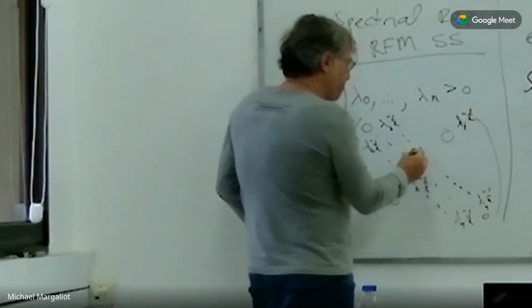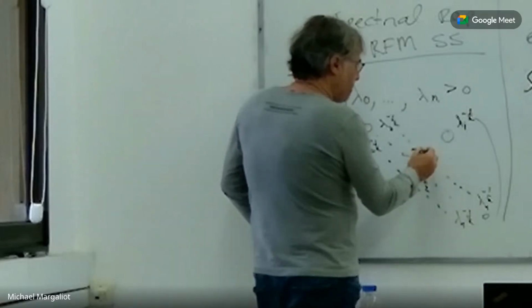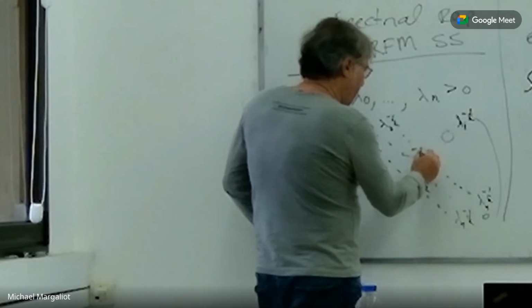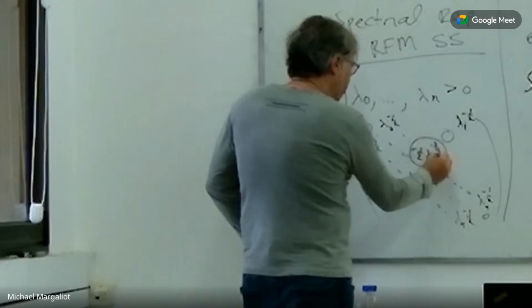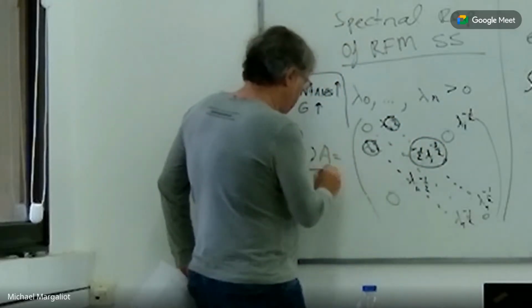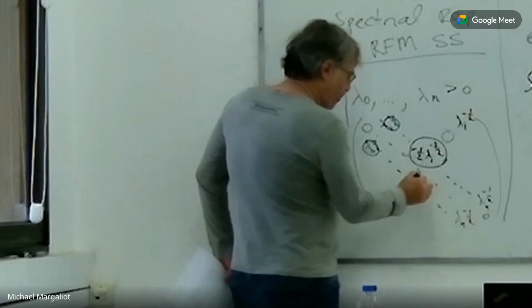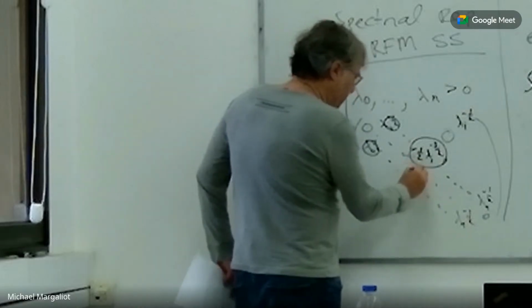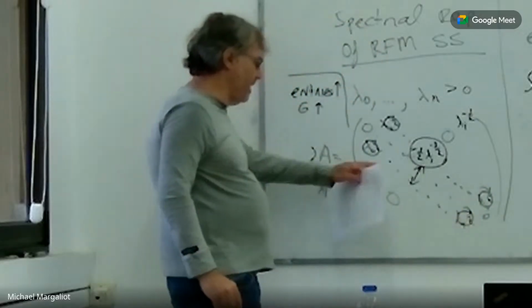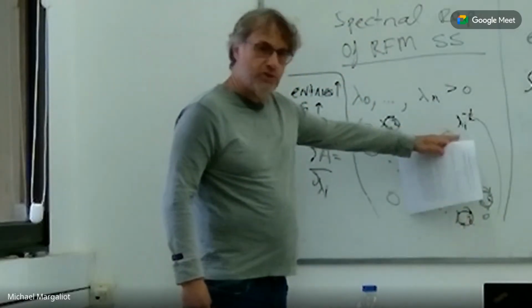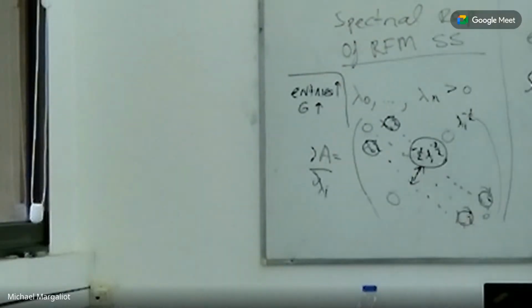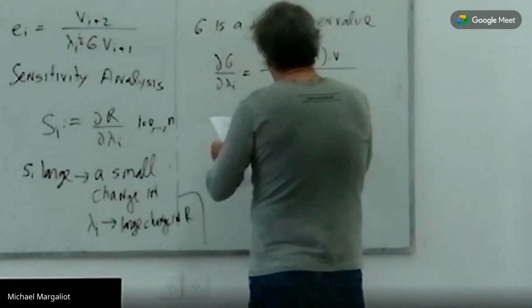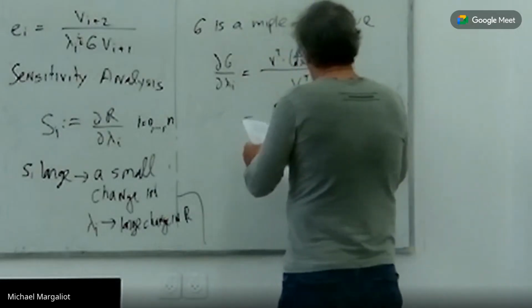Now I differentiate this with respect to lambda I and get minus half lambda I to the power of minus 3/2. This is the derivative of A, and all the other entries are now 0. I get this also here, and all the other entries are 0 because lambda I, the term I'm differentiating with respect to, only appears in these two entries. Then I can multiply by V on the left and on the right, and simplify a bit. And what I get is an explicit expression.